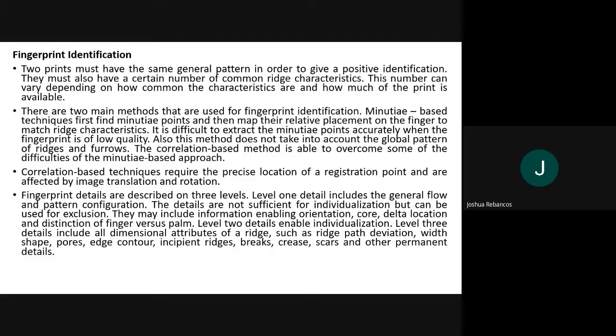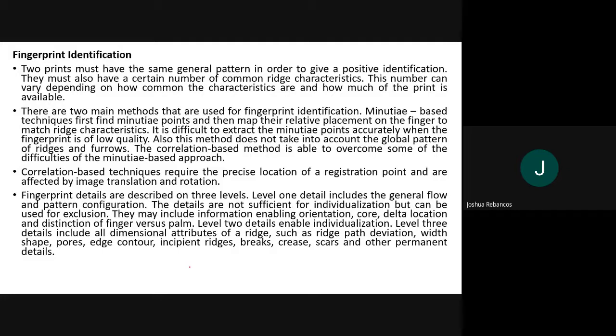Level 2 details enable individualization. Yung level 3 naman includes dimensional attributes of ridge such as ridge path deviation, shape, pores, edge contour, incipient ridge, breaks, creases, scars, and other permanent details. Yun yung sa level 3 fingerprint details. Diba?